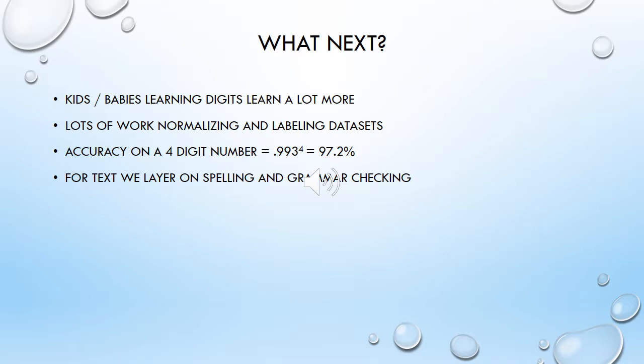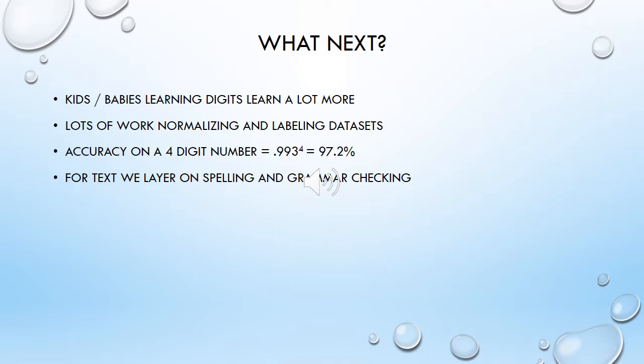If you are trying to determine accuracy, the accuracy that I provided was for a single digit. Let's say on average the numbers are 3 to 4 digits, and for a 4 digit number the accuracy would be 0.993 to the power of 4, which is 97.2%, which means that for every 30 to 40 numbers there'll be an error.